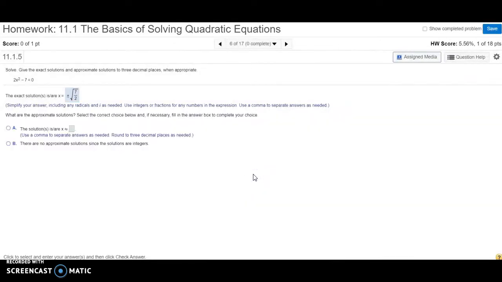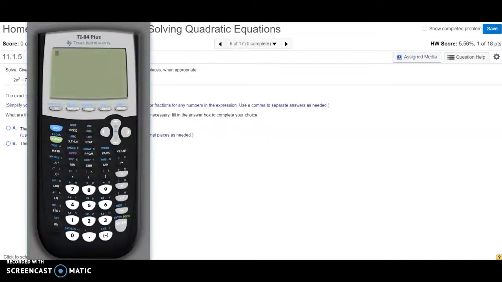Now, to find the approximate solutions, we're going to go to our calculator. We're going to go to second, bring up our square root, and we're just going to put square root of 7 over 2. It's set to 3 decimal places, so that's 1.871.